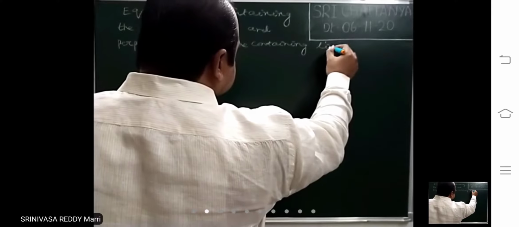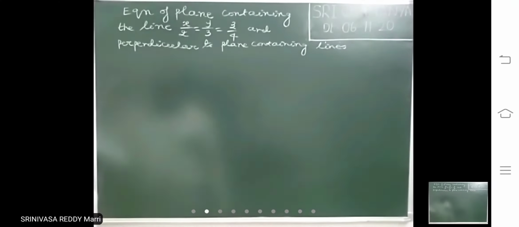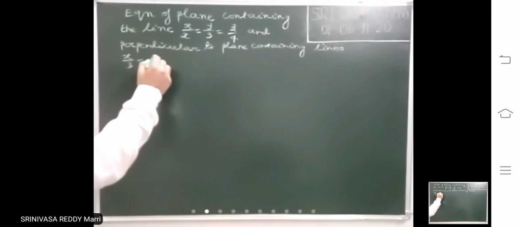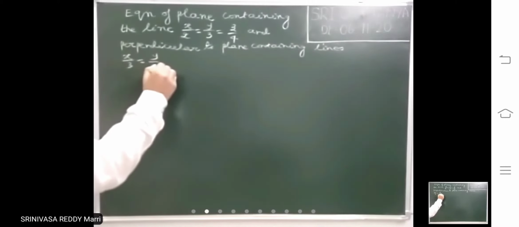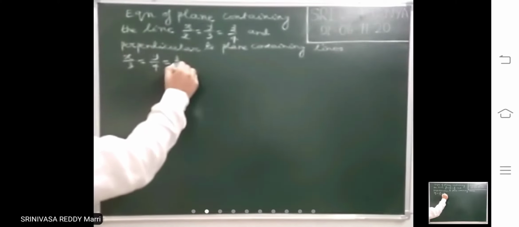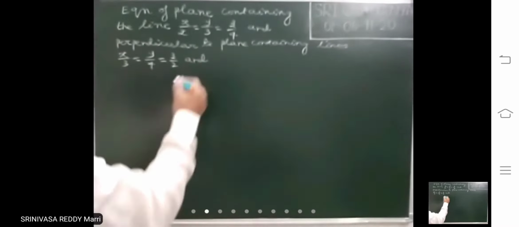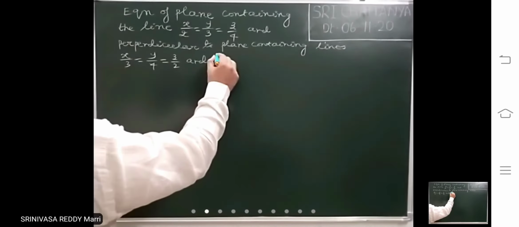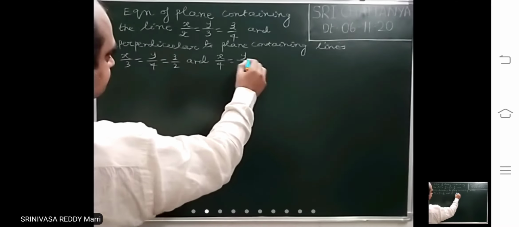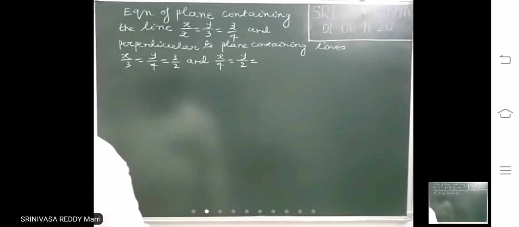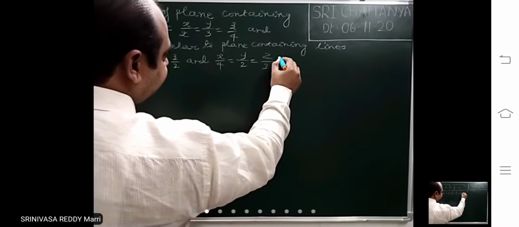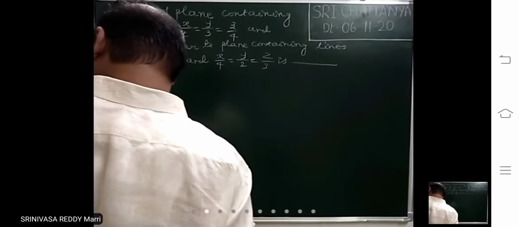containing lines x by 3 equals y by 4 equals z by 2 and x by 4 equals y by 2 equals z by 3.